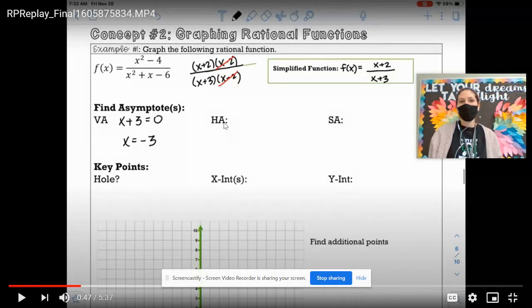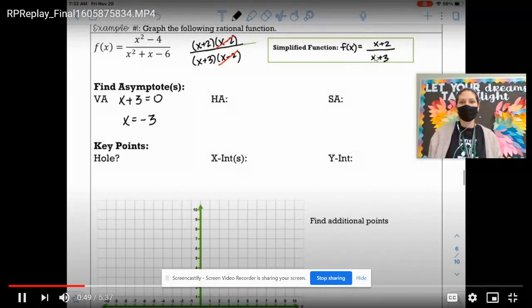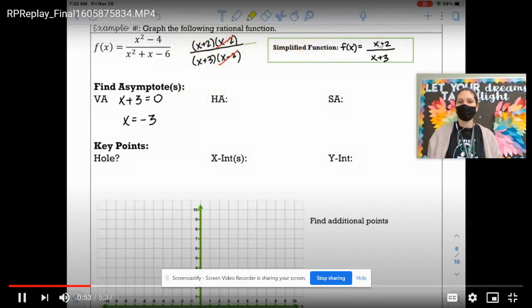Up next, my horizontal asymptote, so you want to compare the degree of the numerator and the denominator. And you can look at the reduced function or the original, but focus on the reduced, get in the habit of that. Now, they have the same degree, so your horizontal asymptote is going to be the ratio of those leading coefficients.